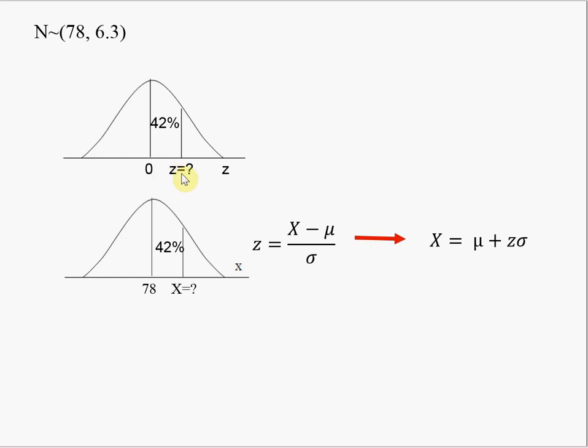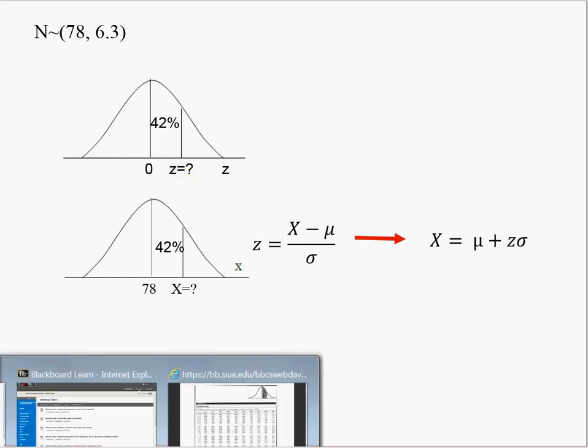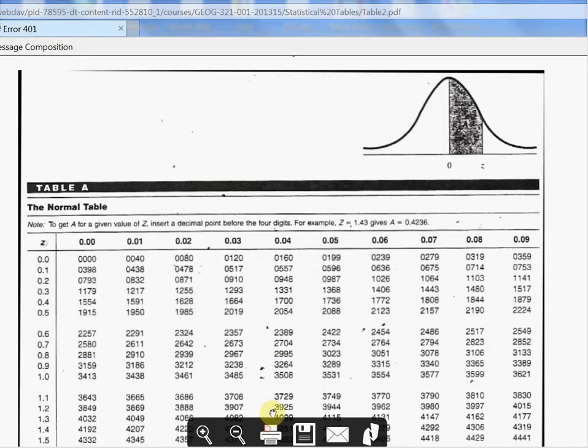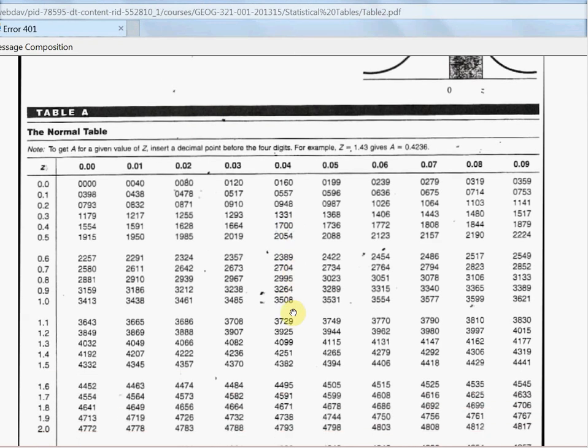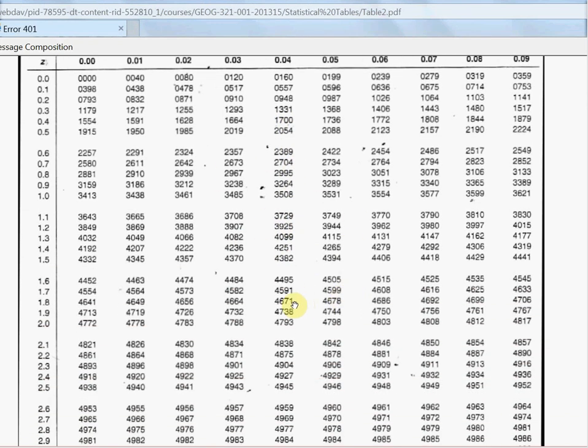We just need to read the normal table backwards. In these percentages, we need to find the value 42%. Here is 4192, 4207. You don't have exactly 42%, so 42 is somewhere in between.